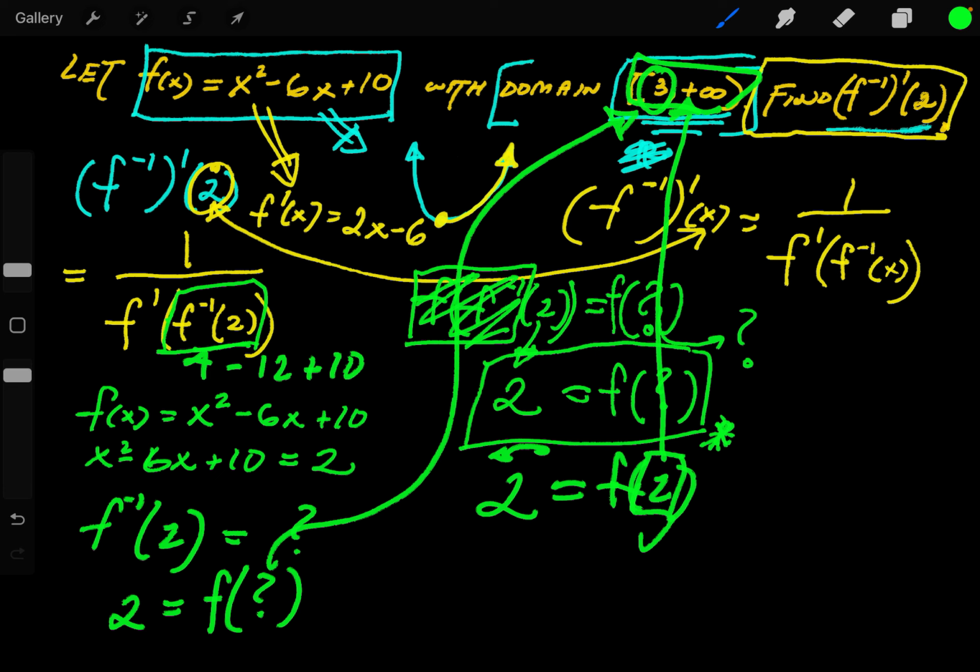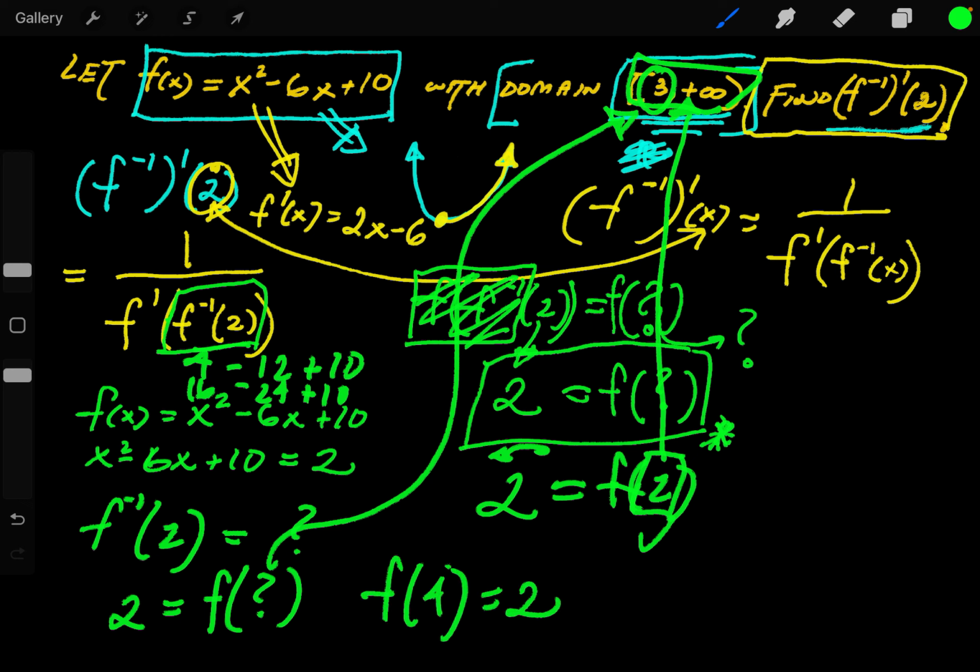So let's say I said 3. 3 squared is 9, minus 18 is negative 9, plus 10 is 1, not 2. Okay, let's try 4. 4 squared is 16, minus 24, plus 10. 16 minus 24 is negative 8, plus 10 is 2, and f of 4 is 2.